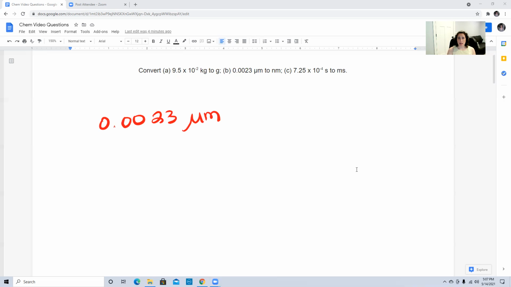A micrometer is 1/1,000,000th of a meter, and a nanometer is 1/1,000,000,000th of a meter. You can think of this in 2 ways. You can think of it as 3 jumps from micro to nano, and so you're getting smaller, so you're multiplying by 1,000. Or you can think of it as the exponents.